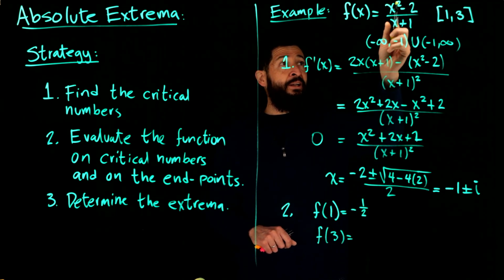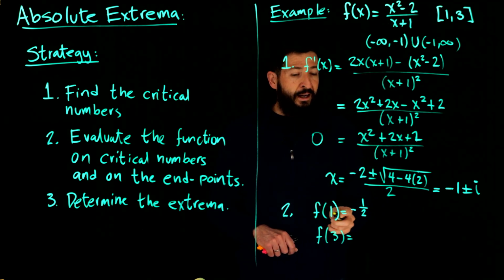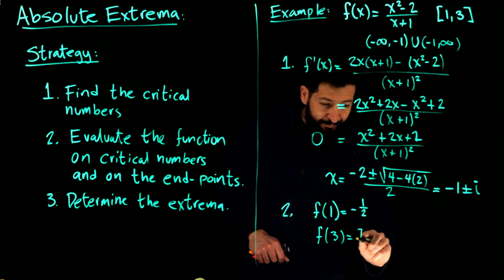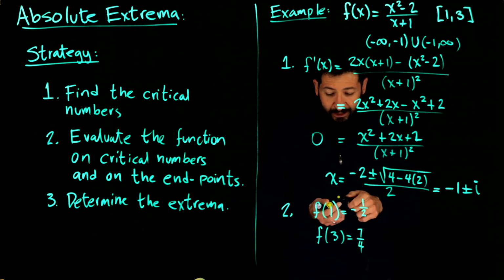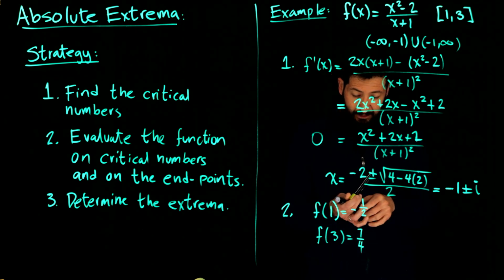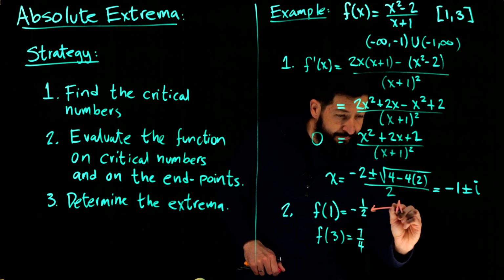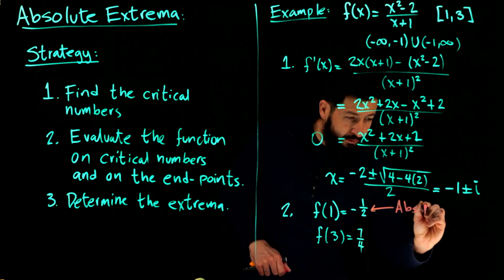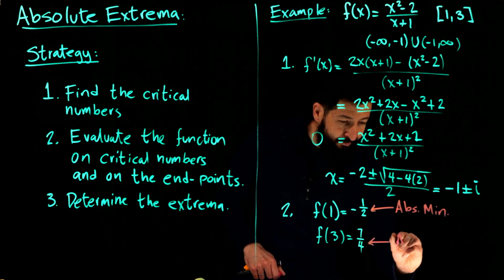And then when we evaluate it at 3, we get 9 minus 2, 7, over 3 plus 1, 4. So this is the absolute minimum because it's the negative number there. And this is my absolute maximum.